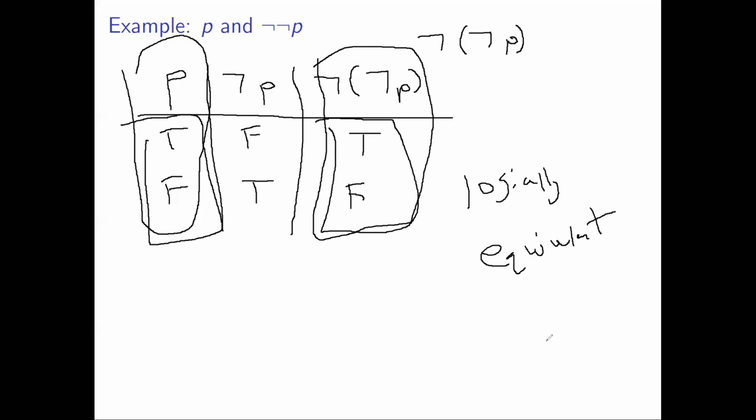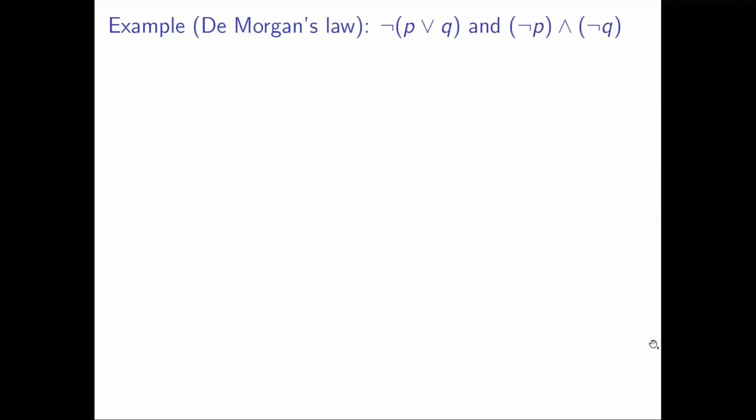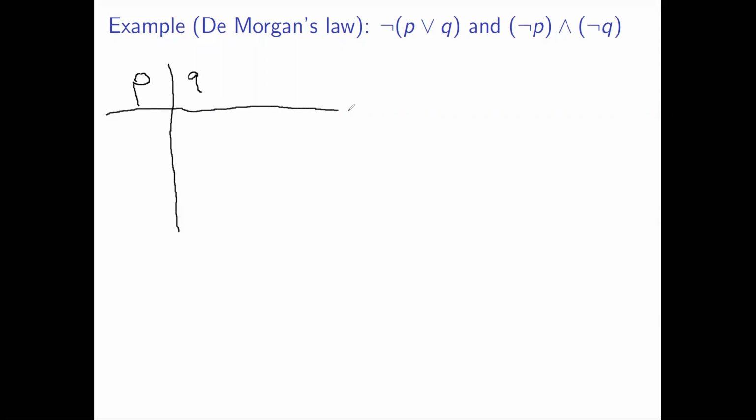Let's look at some more examples. Okay, so we're going to do the first De Morgan's law here. This one has two propositional variables, so we're going to have more rows than the last table. We'll put it all in one table.